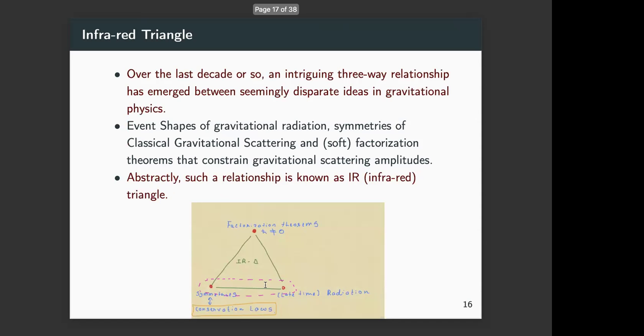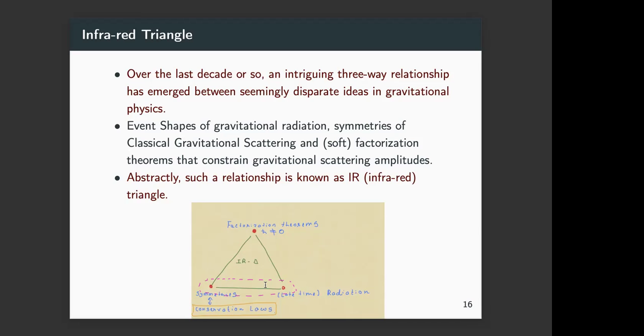Okay, so now here, to understand the possible universality of these different event shapes, there is an idea which has come in the last decade or so, which goes under the name of the infrared triangle, which is the following: there seems to be a 3-way relationship which has emerged between seemingly disconnected ideas in gravitational physics.